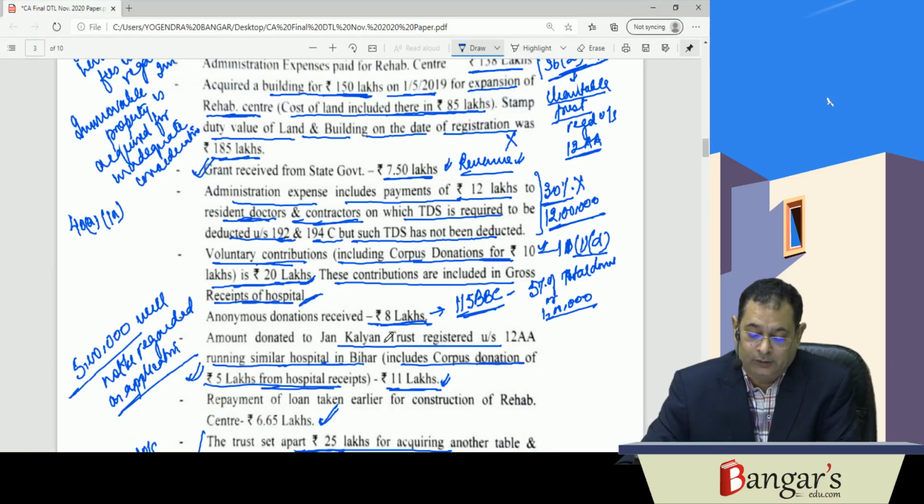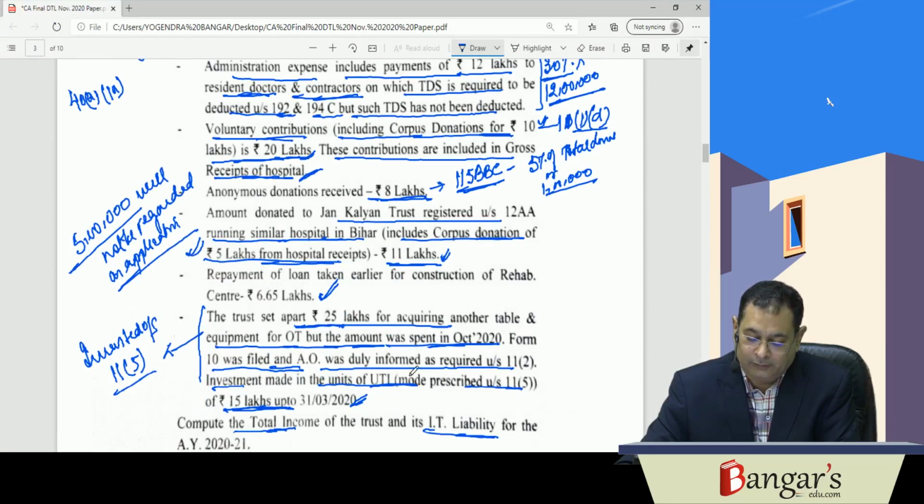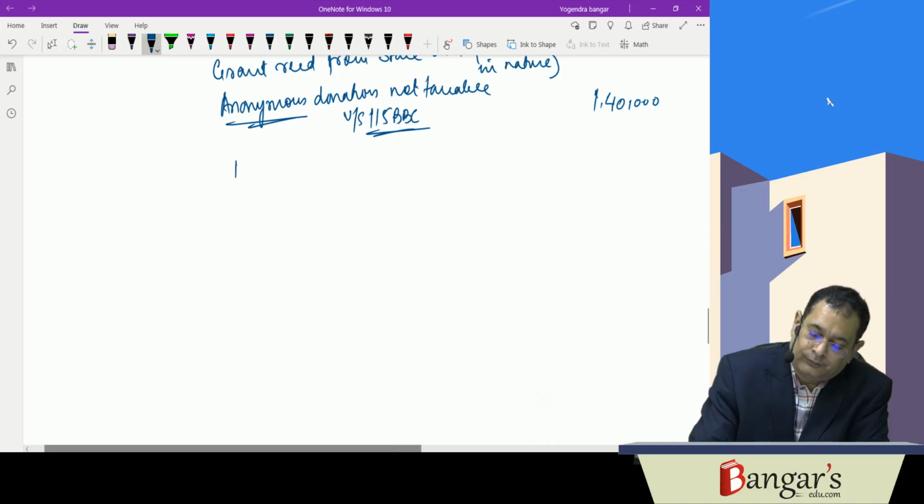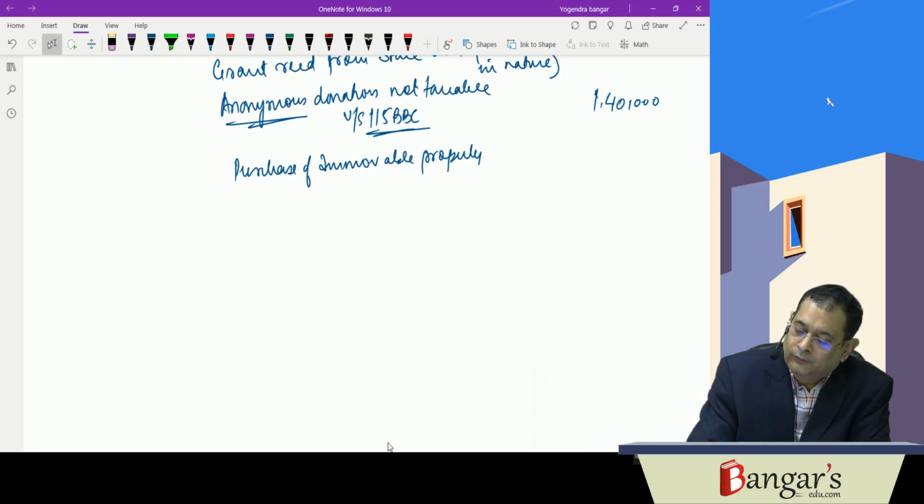Then next, here about the income part we were discussing, we can write the purchase of immovable property for inadequate consideration.